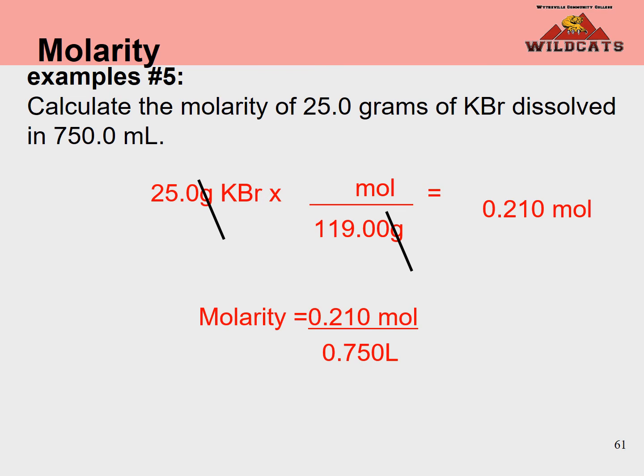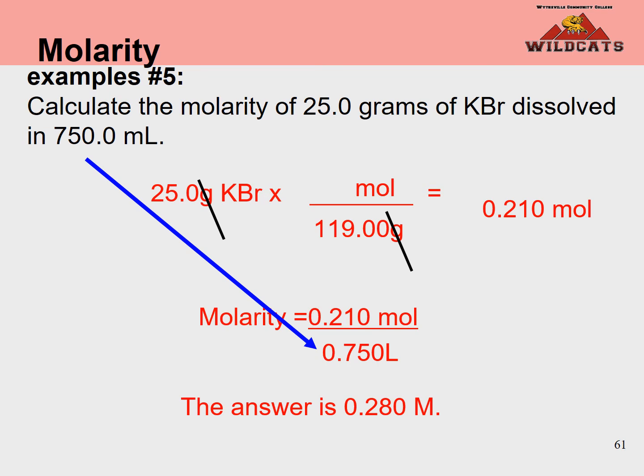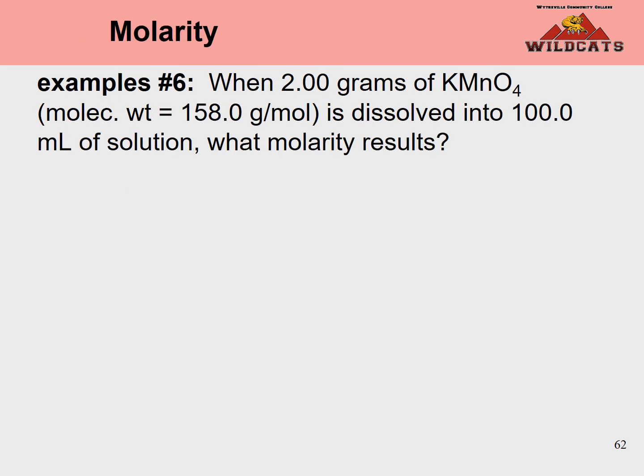I find it's easier just to move the decimal point 3 places to the left to make the number smaller, and 3 places to the right to make it bigger, considering most of our metric conversions are 1,000. So we end up with 0.280 capital M, which represents that moles over liters.